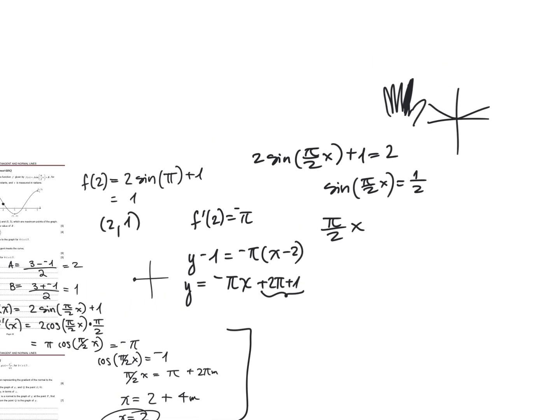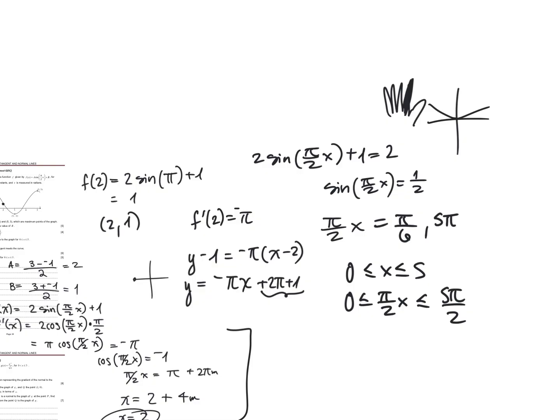Okay, wait a second. I'm going to do it differently. If we multiply the range by pi over 2, that's still 0 and 5 pi over 2. Then we don't have to mess with the general form. So pi over 6 is the first one. Then 5 pi over 6.